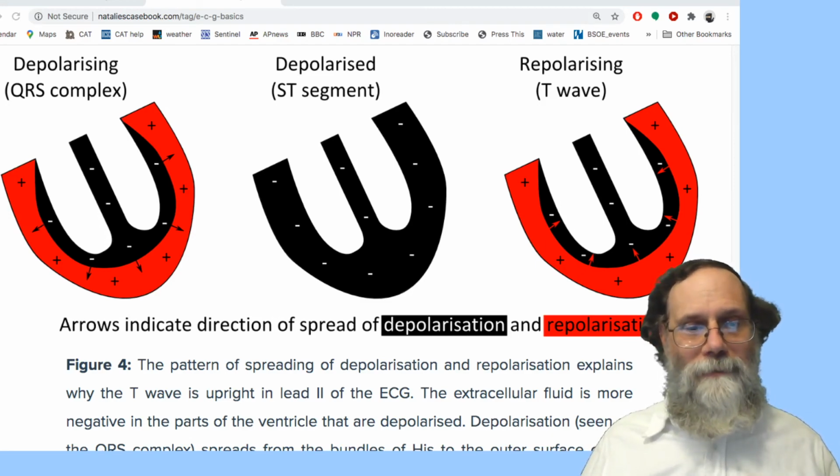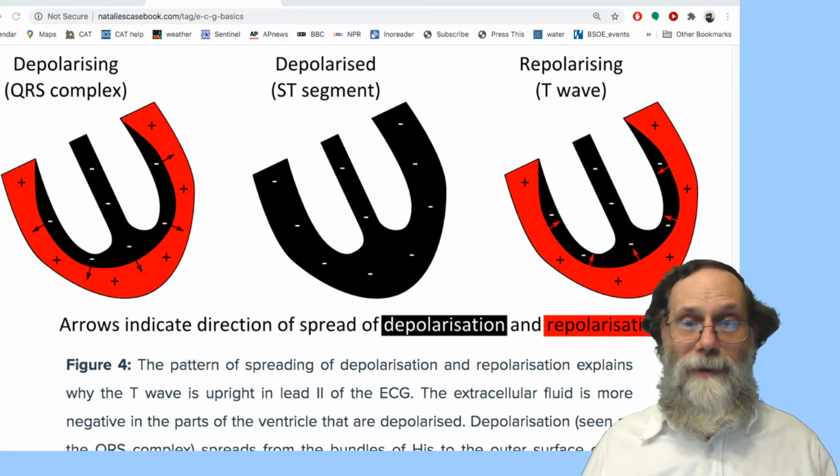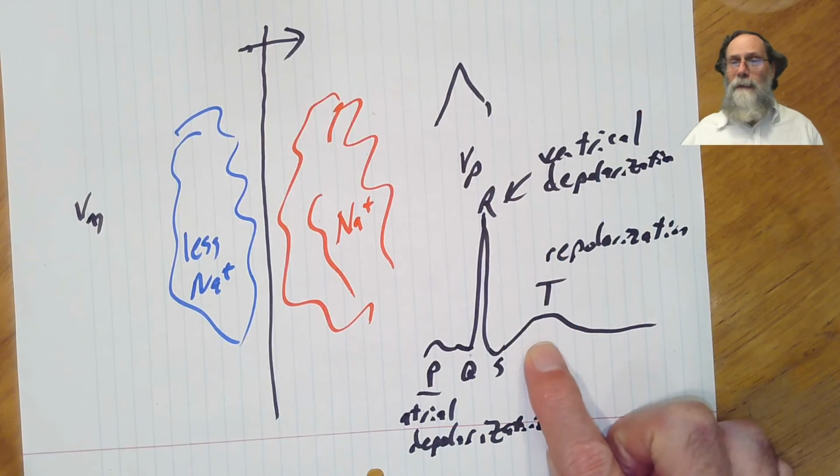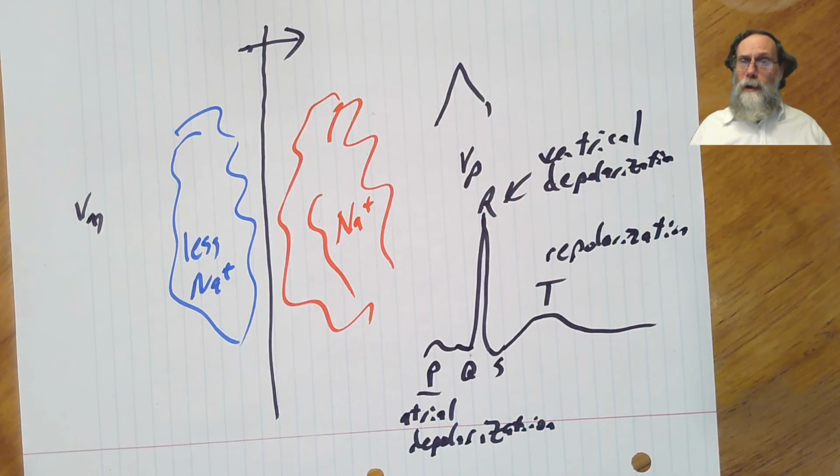Now, there are some differences. If we go back to looking at that waveform, the T wave here is much smaller and broader than the R spike. And that's because the repolarization happens more gradually. The depolarizing is very fast, very abrupt, because that sodium rushes into the cell really fast. That happens in milliseconds.